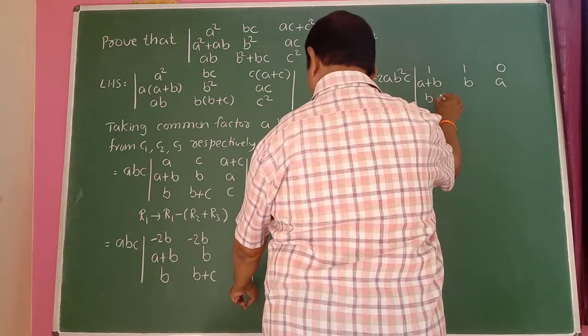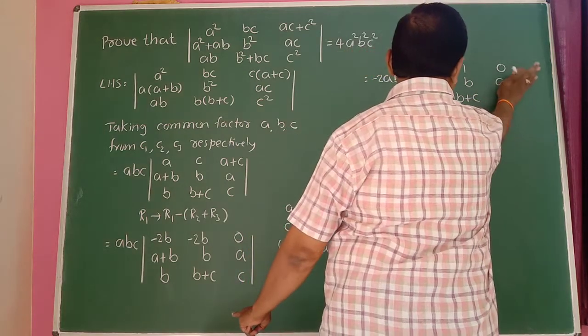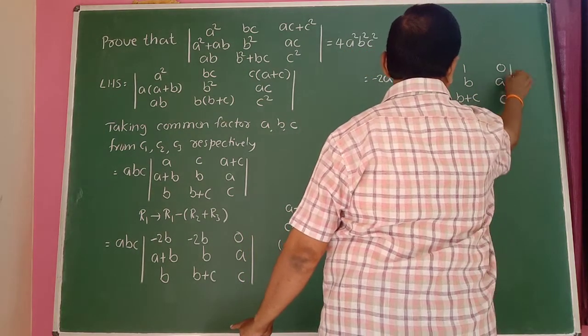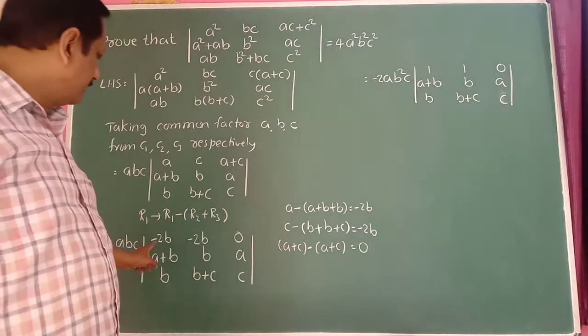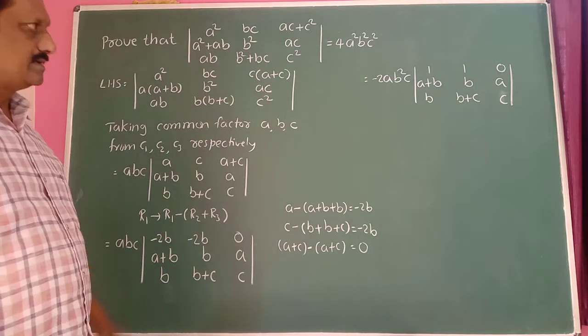So B, then B plus C and C, keep as it is. Okay. Here minus 2B is a common factor. Remaining two rows keep as it is here.